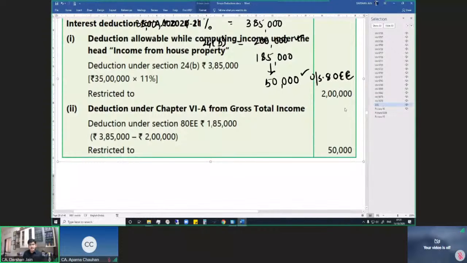Restricted to 2 lakh rupees for 24B, and as far as 80EE is concerned, the restriction is 50,000 rupees.